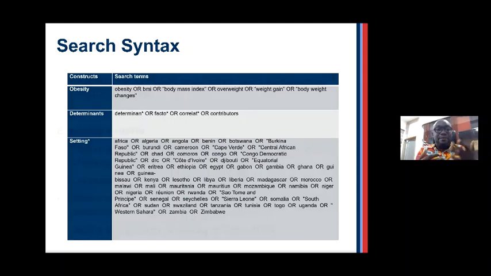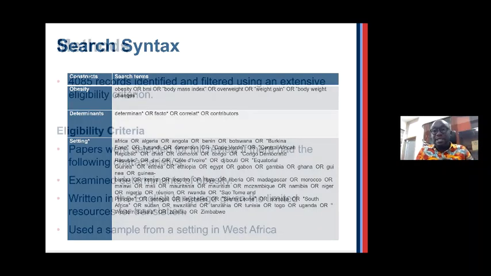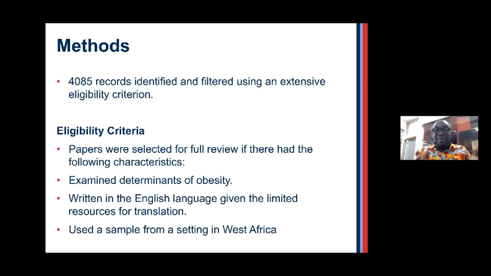We set up what we call the eligibility criteria, and the papers selected were in full review. We examined determinants of obesity. The paper had to be in English because there is a lack of translation for other papers not in English. Again, the sample came from the West Africa setting.